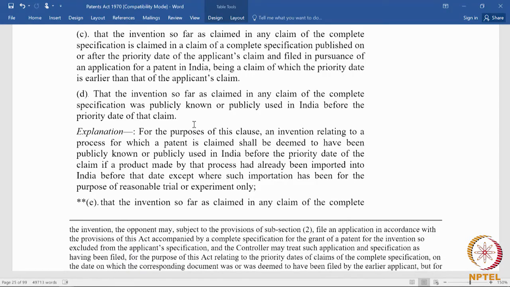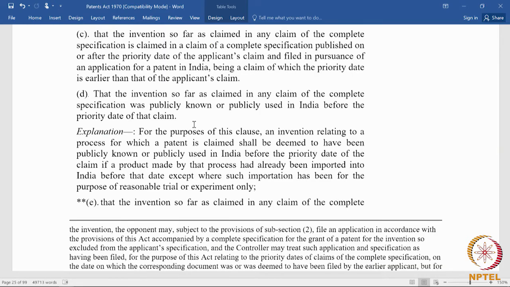The claim in the application is claimed in a claim of a complete specification published on or after the priority date of the applicant's claim and filed in pursuance of an application for a patent in India, being a claim of which the priority date is earlier than the applicant's claim.